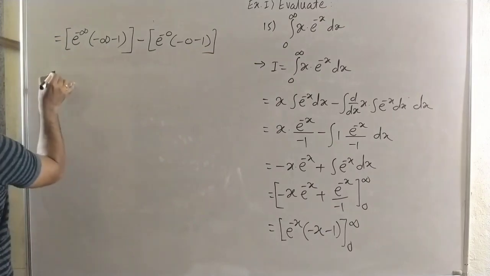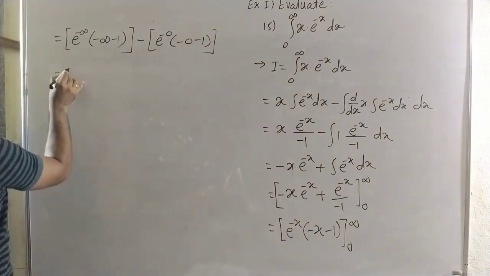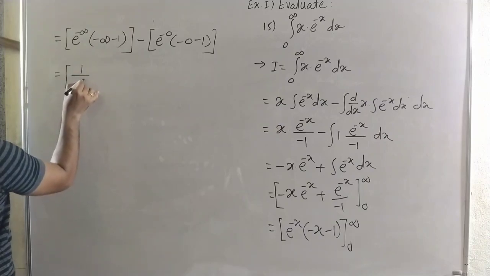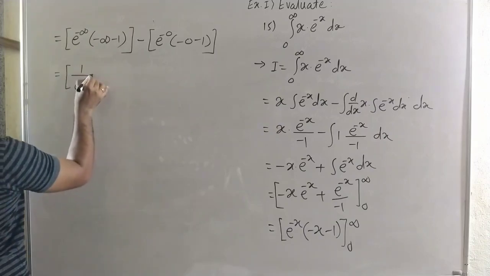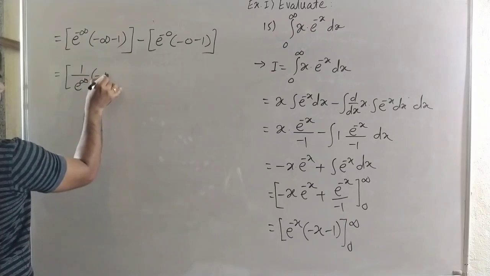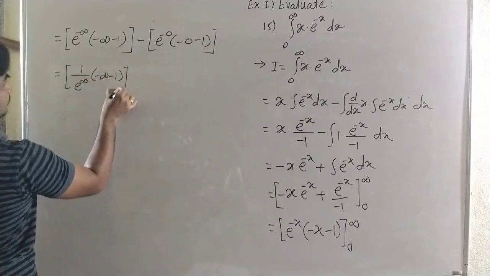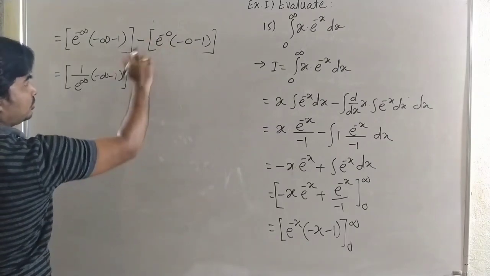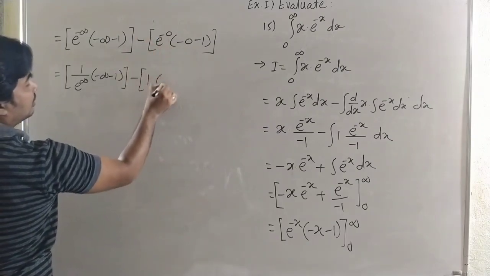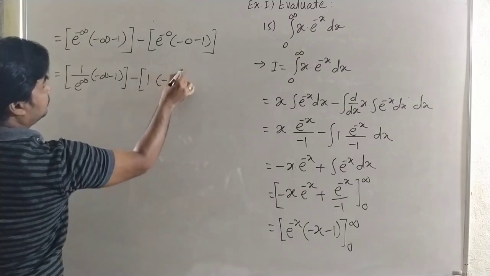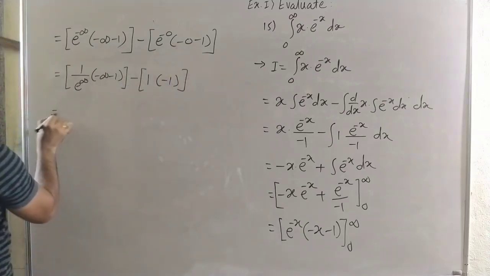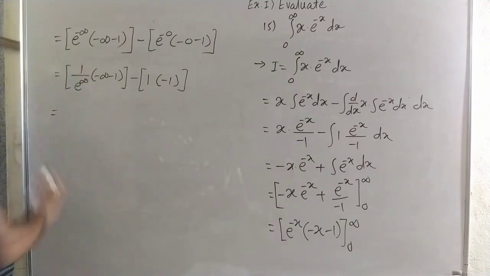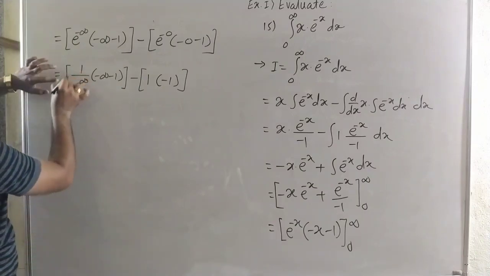Okay, carefully see the calculation. e raised to minus infinity can be written in this form, 1 upon e raised to infinity. Okay, 1 upon e raised to infinity minus here e to the power 0, it is 1 upon e to the power 0 or minus 0, it is 1, and here it is minus 1, 0 minus 1. Now e to the power infinity is infinity, and 1 by infinity is 0.